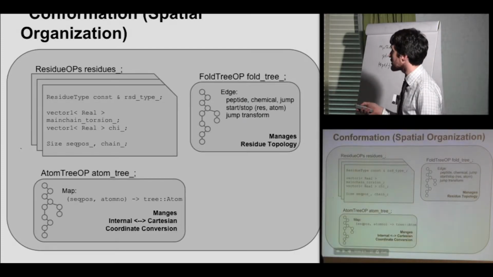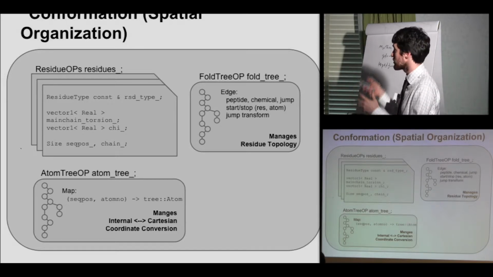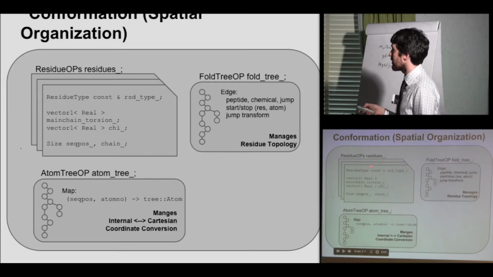The way this is organized at a high level is that we have a set of owning pointers to residues, which is a private member variable of a conformation, which is stored inside of the pose. Each residue has a residue type, which is a constant reference to a residue type object.